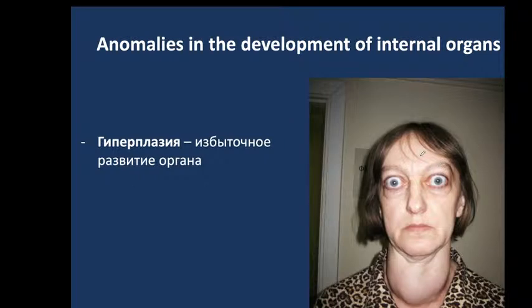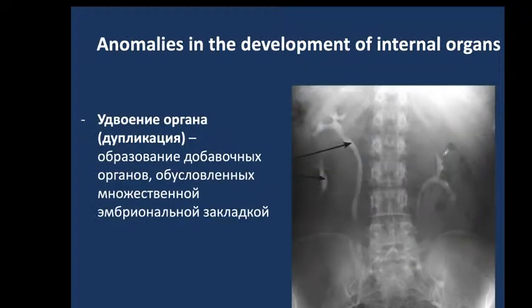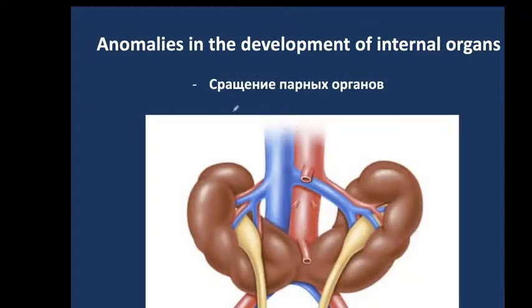Hyperplasia is when an organ is bigger than usual. And duplication, like here, there are 3 kidneys, 2 right kidneys and only 1 left kidney. Duplication is also an abnormality. Sometimes 2 kidneys combine and form one big kidney.